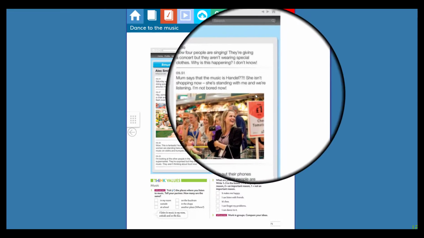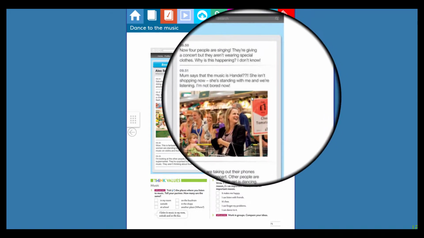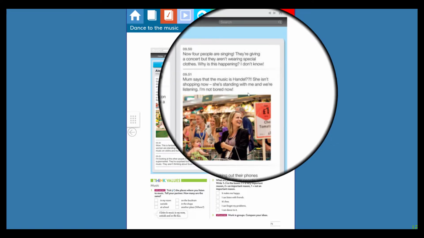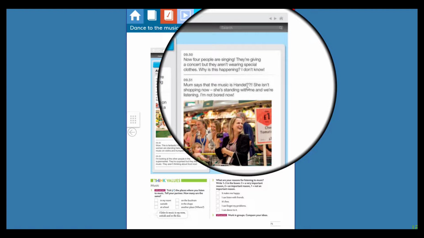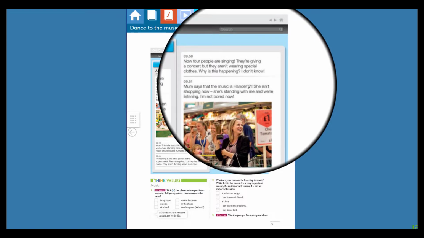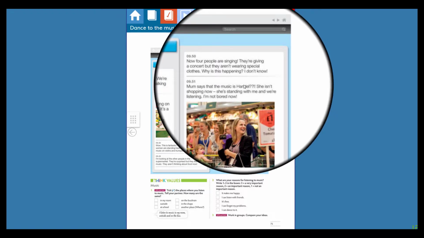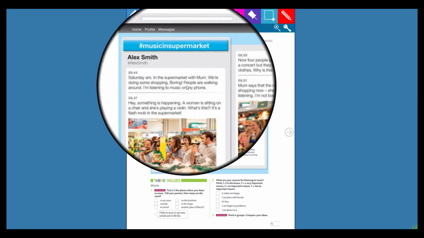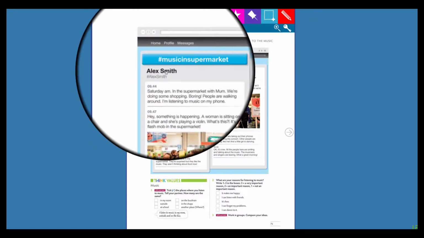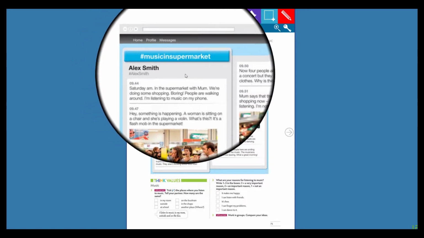Chicos, Twitter entonces es una red social donde las personas pueden escribir sus opiniones sobre un tema o en realidad lo que ellos quieran, ¿ok? La particularidad de Twitter es que los textos son pequeños, son cortos. And in this case, Alex Smith is tweeting.